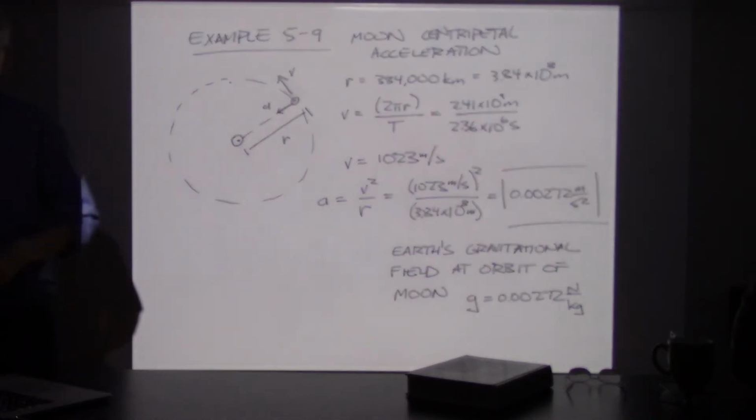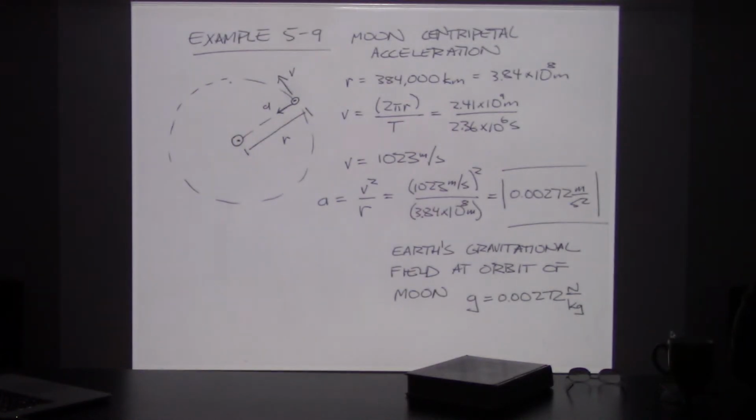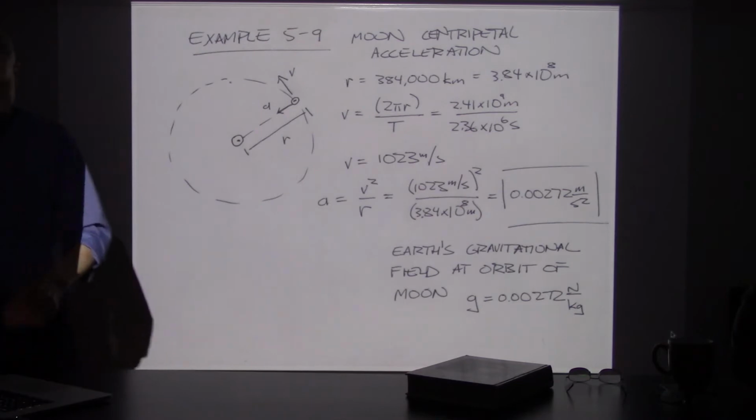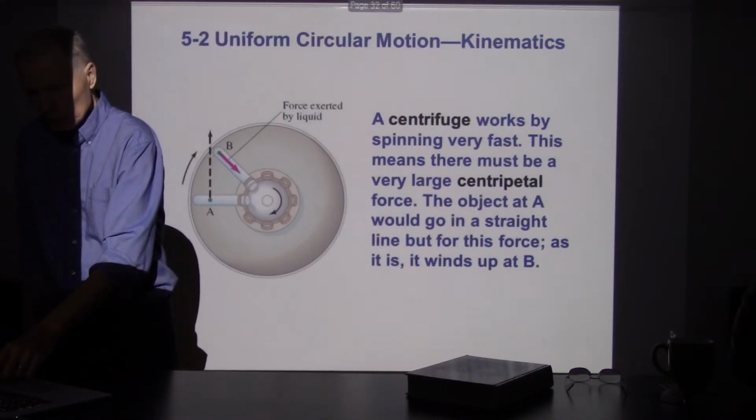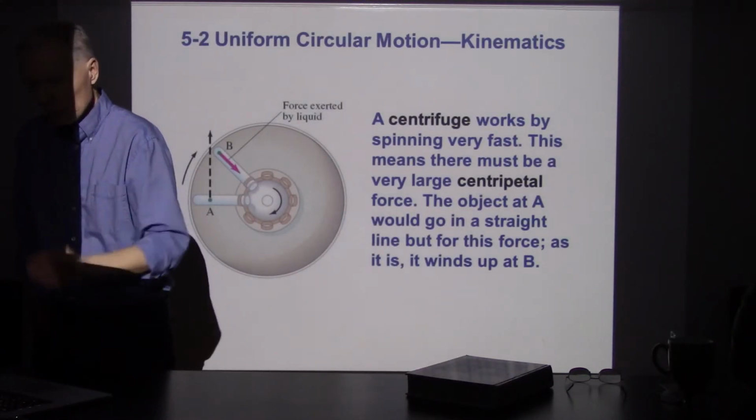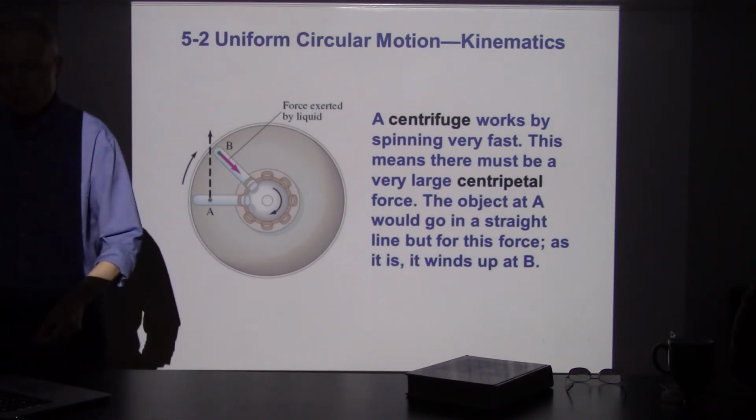Again, we'll come back in chapter 6 and look at more of these examples of calculating gravitational force. All right, good example to bring in a lot of conceptual stuff in that example.